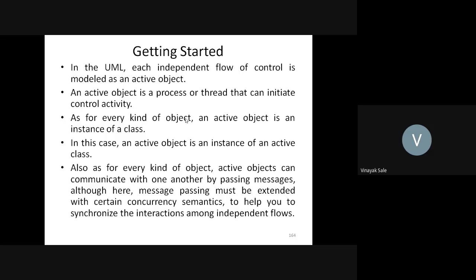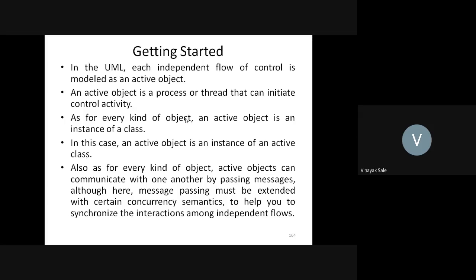So in the UML, each independent flow of control is modeled as an active object. An active object is a process or a thread that can initiate control activity. As for every kind of object, an active object is an instance of a class. In this case, an active object is an instance of an active class.